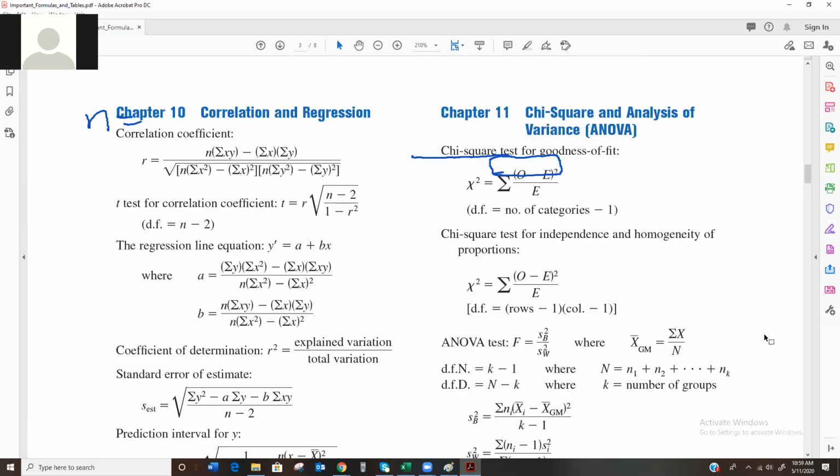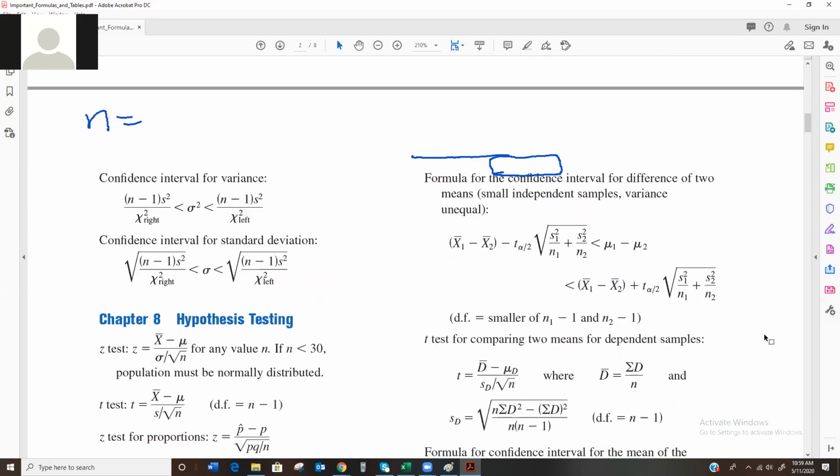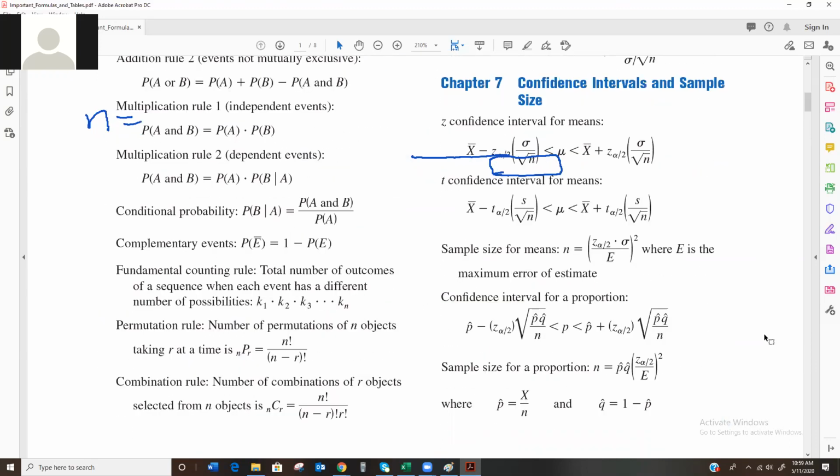And then we've got to go up to the formula. It's this formula right here. So N equals Z sub alpha over 2 times your sigma over E, and then you square that.